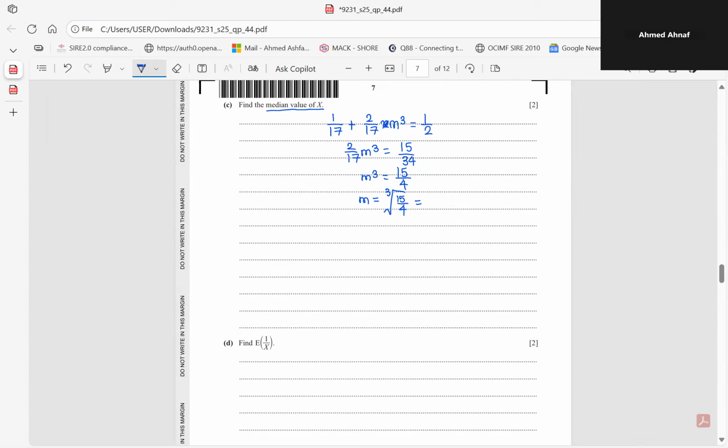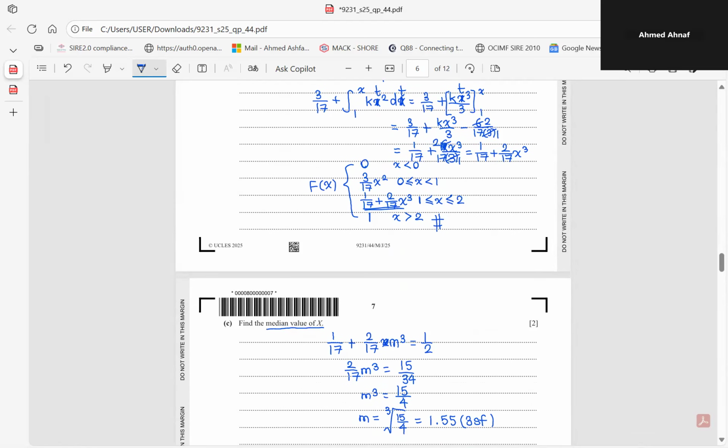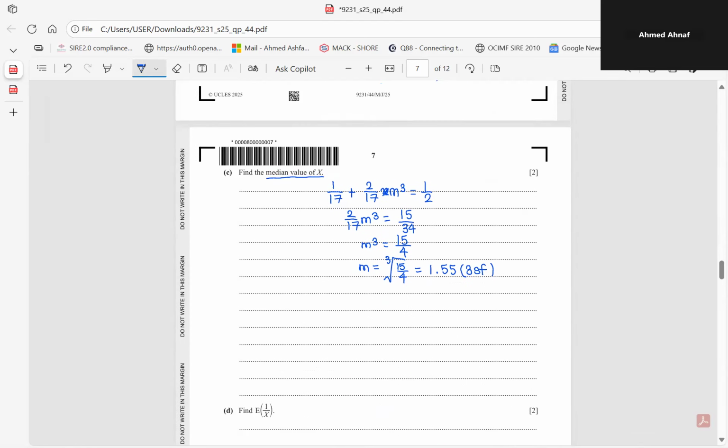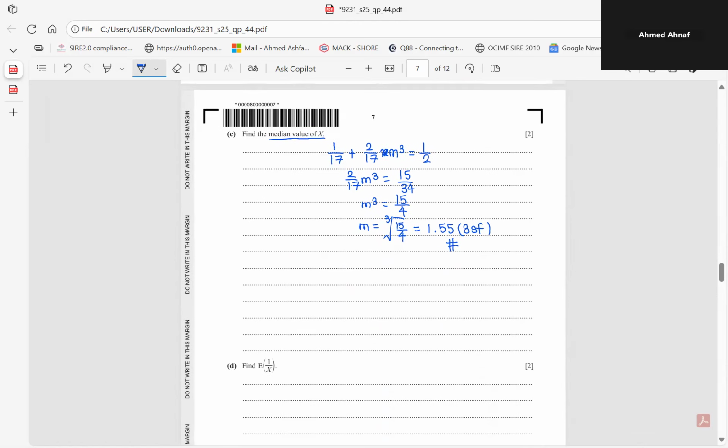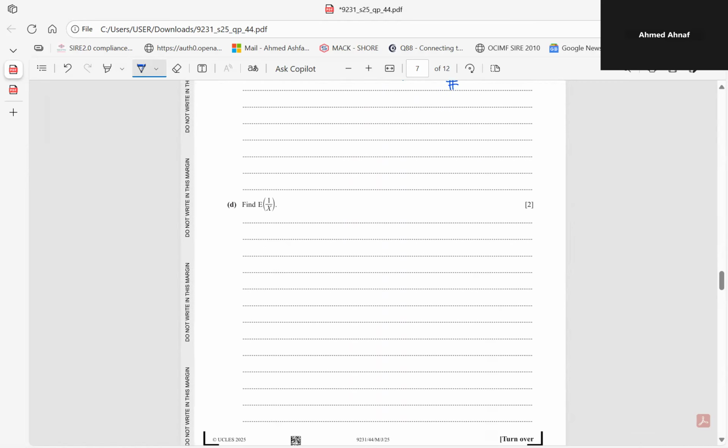I'm going to do both. So to 3 s.f., you get 1.55. Let's see if it's within our range. Yeah, it's between 1 and 2. So yeah, this would be our final answer for this part. Let's head on to the last part.